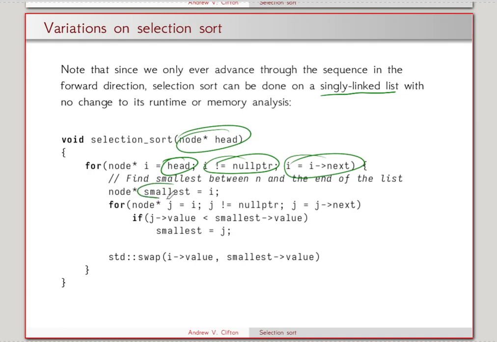The smallest is now a node pointer, and then we just do our j loop in terms of node pointers instead of indexes. So nothing about the analysis changes if we switch from arrays and indexes to linked lists and node pointers, which is kind of nice, right?